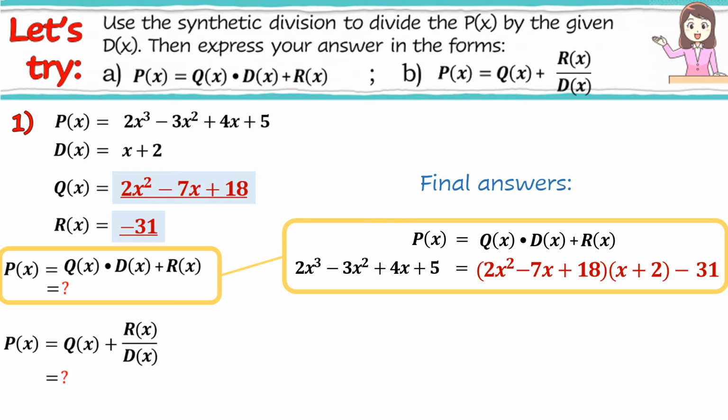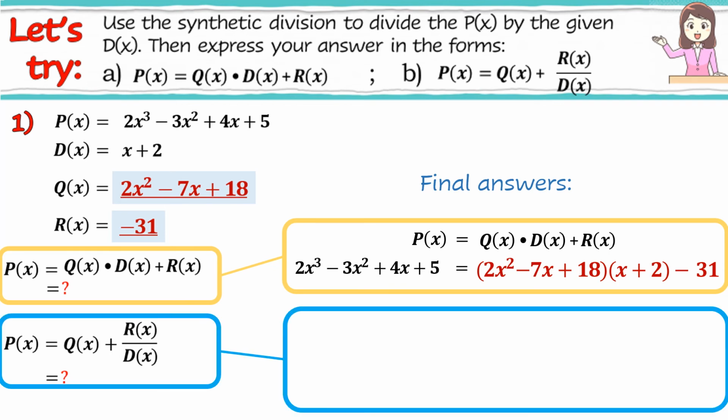So, kung ano yung sign ng ating R of x, yun din yung susundan nyo dyan sa ating final answer. Again, you have to read the question, kung anong format ang kailangan yung gawin para sa final answer, yun lang yung gawin nyo para hindi na kayo matagalan sa pag-solve. And then, another format that we can use is we have P of x is equal to Q of x plus R of x over D of x.